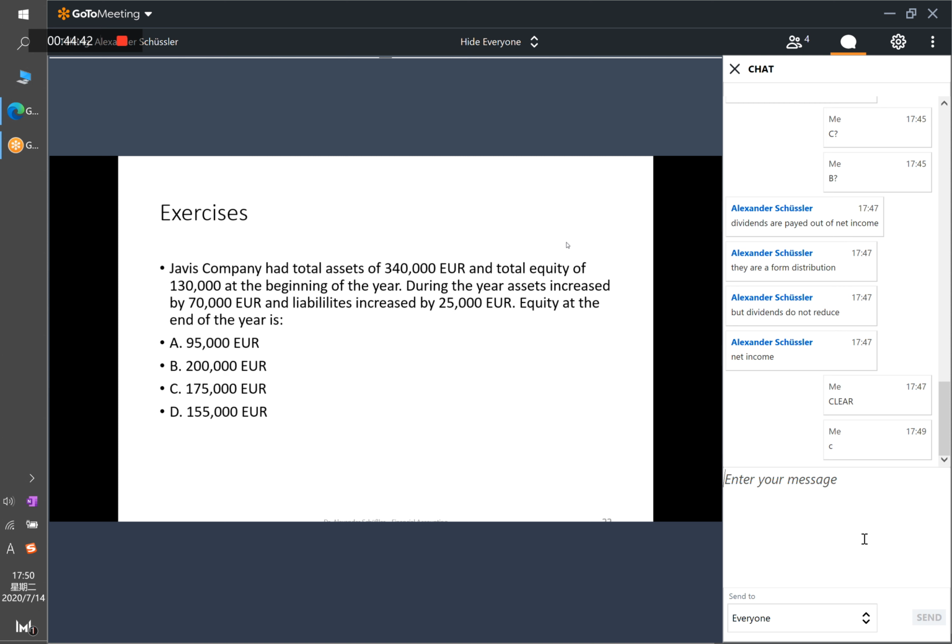Okay, so let's see. I think we can do this with the accounting equation. Yeah, we have assets equals equity plus liabilities.